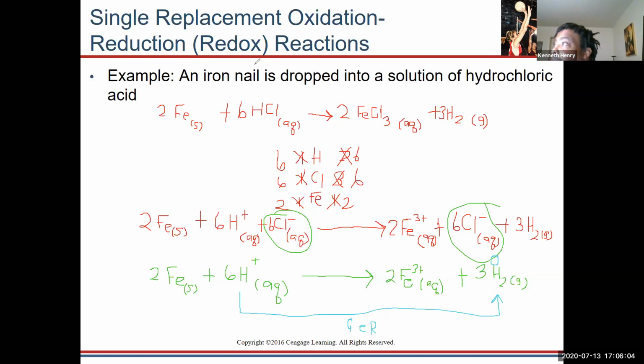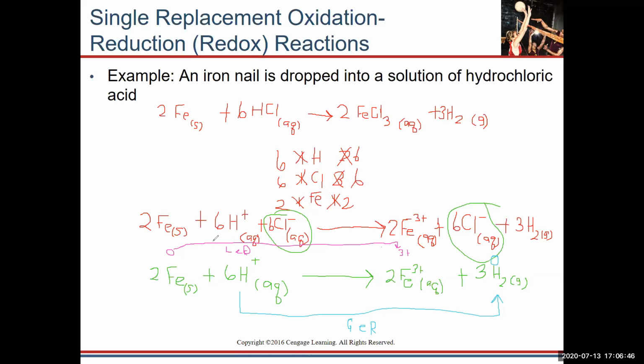So by default, if I go from 0 to plus 3, is that oxidizing or reducing? Losing 3. It's losing, right? And so that's LEO. Oh, you get it?